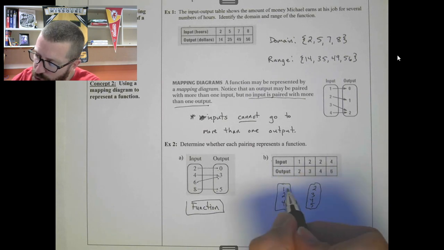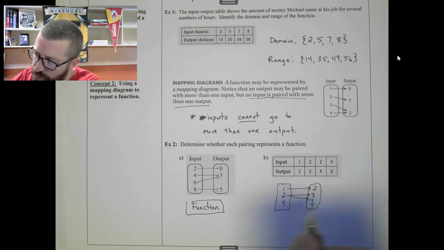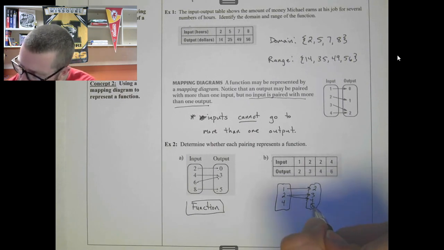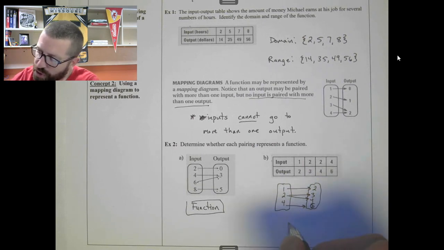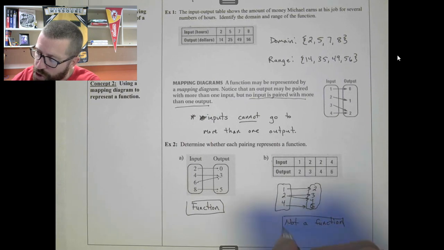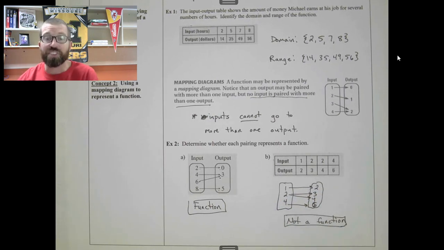So 1 goes to 2, but 2 goes to 3, and 2 goes to 4. And then 4 goes to 6, not 5. So this is not a function, because 2 sometimes gives you 3, sometimes gives you 4. It's confusing. You don't know what you're going to get. And so we say it's not a function.